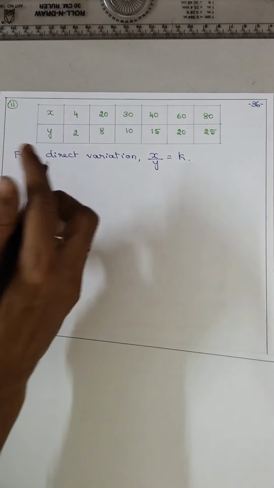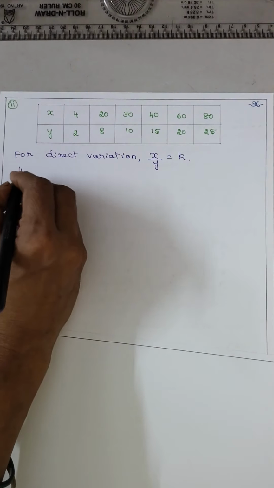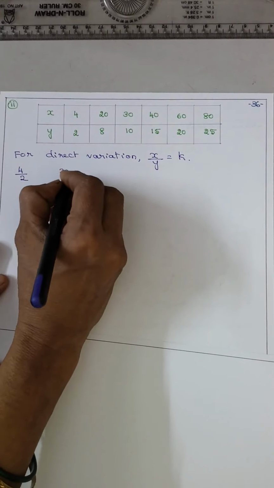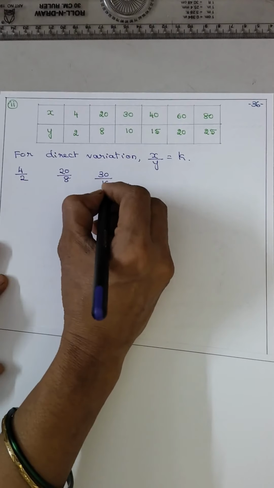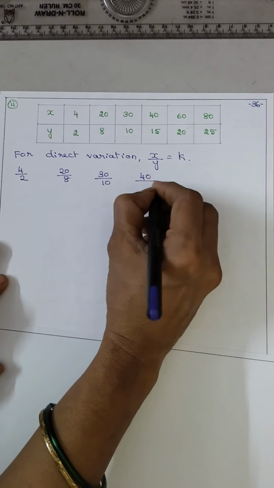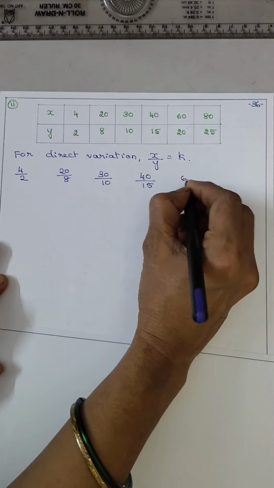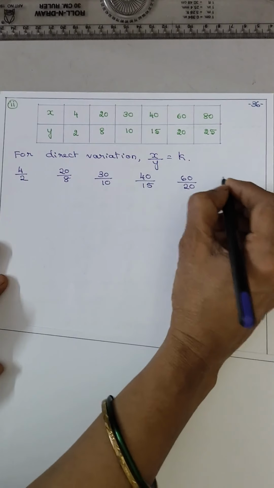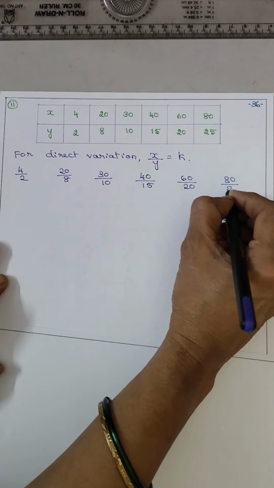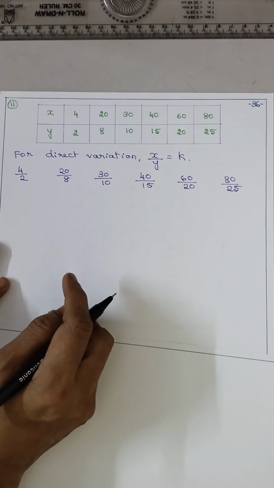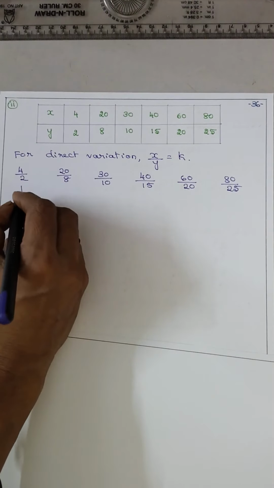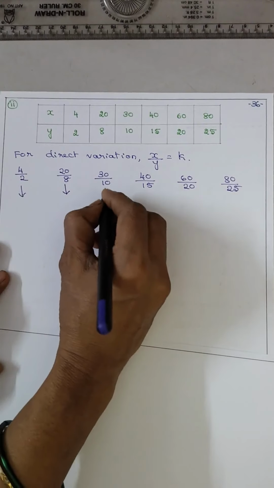So write all the numbers: 4 by 2, 20 by 8, 30 by 10, 40 by 15, 60 by 20, 80 by 25. Hope you understood. So write everything. Now you find out the answer.